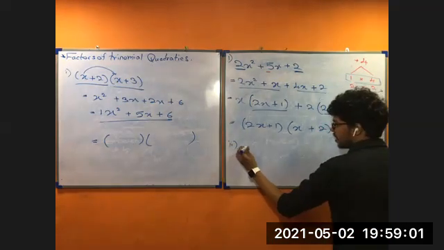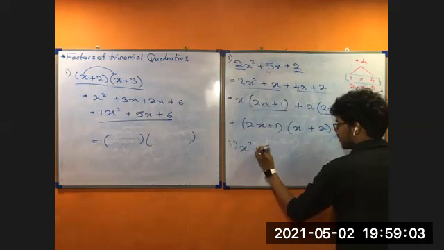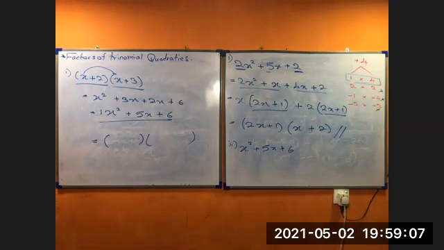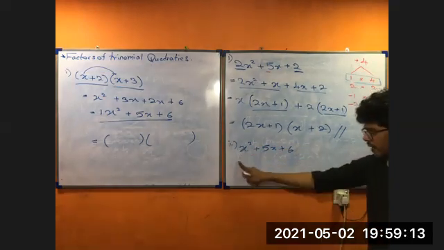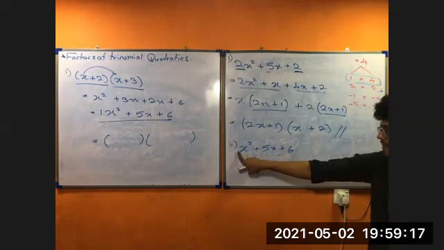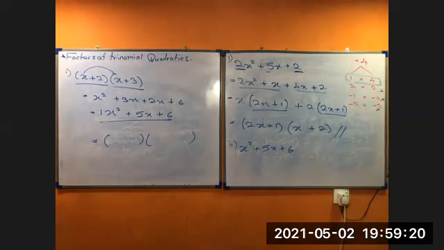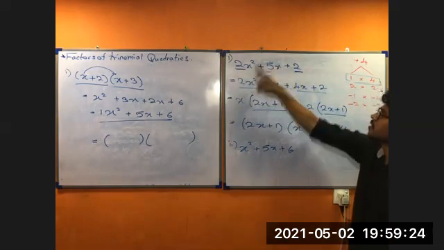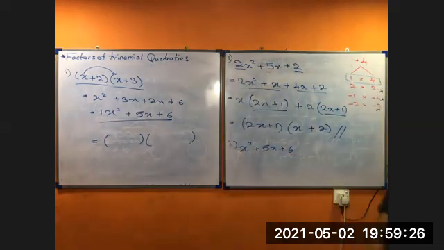First one, x squared plus 5x plus 6. Always remember, you need to multiply this one with this one. If there's nothing there, it is going to be 1. So 1 times 6 is 6. But earlier we had a 2 here, so that's why we multiplied with this one. So always multiply this one with this one.